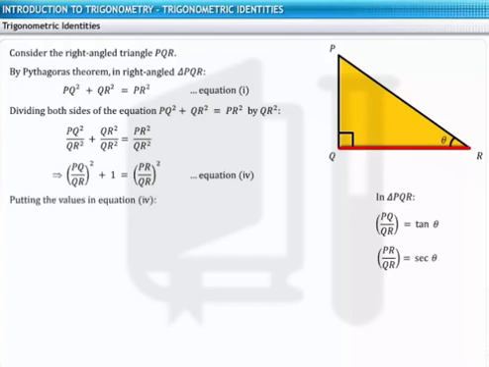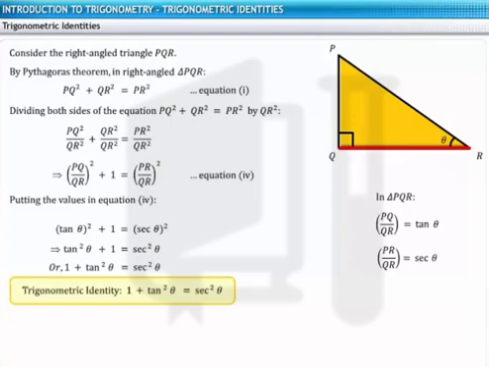Putting the values of these ratios in equation 4, we get an equation 1 plus tan squared theta is equal to sec squared theta. This equation is a trigonometric identity.